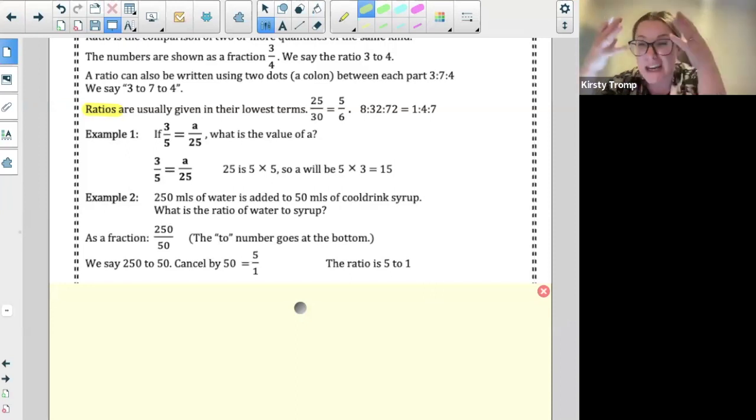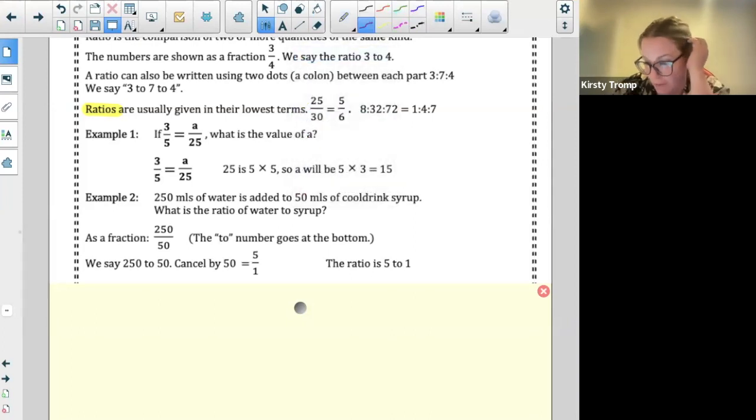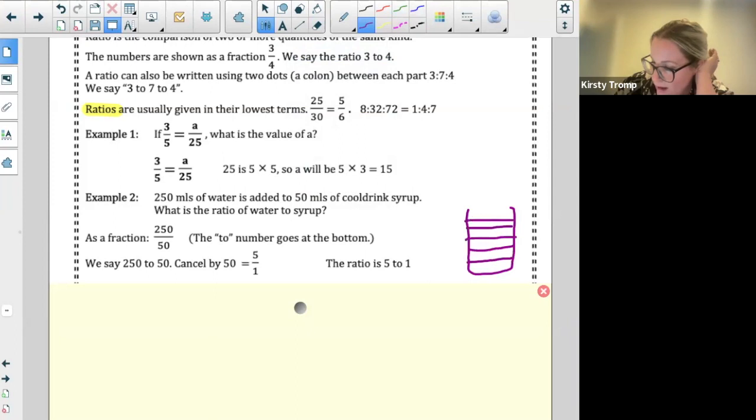So if you can picture that in a glass, like picture a glass. That's what I always do when I read this and I'm going in the shops. Here's my glass. All right. 5 parts of water and 1 part of syrup. 5 plus 1 gives me 6. So I'm going to divide my glass into 6. 1, 2, 3, 4, 5, 6. So there's my glass. I've divided it into 6.